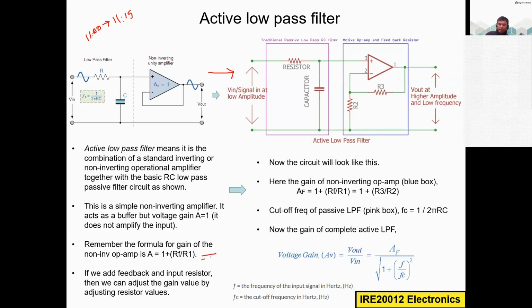In the lab and also in the assignments, I saw some students mix up RF and R1. They put R1 on top and RF at the bottom. That is not correct. You must always remember the feedback resistor comes on top of the equation. So 1 plus, in this case, R3 is the feedback and the input is R2.